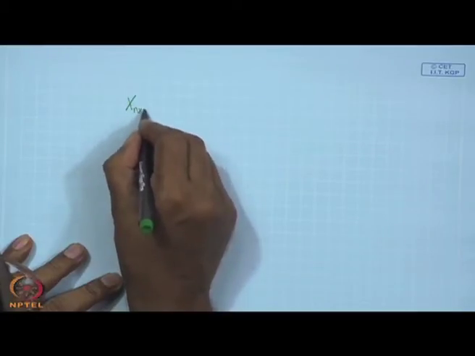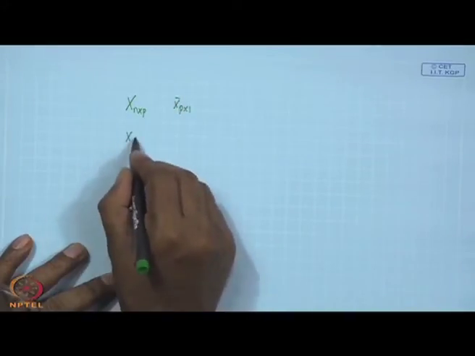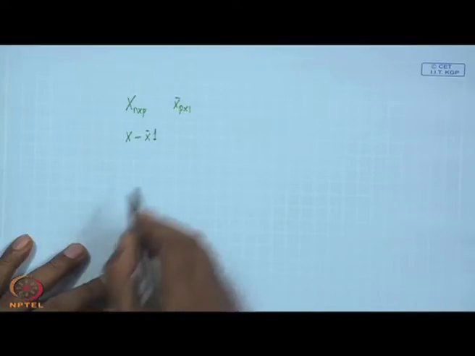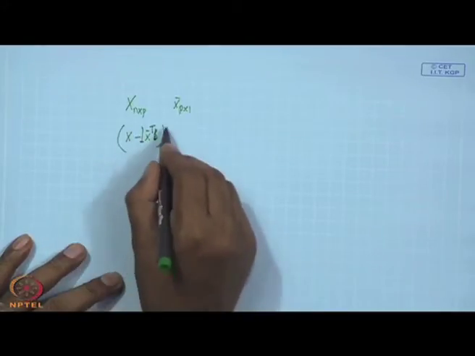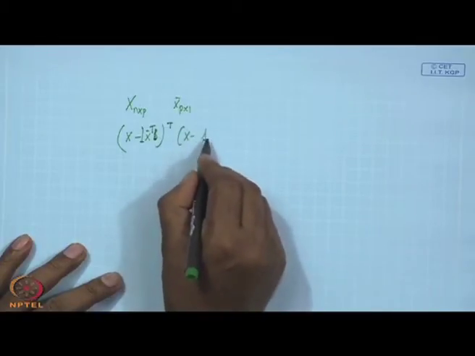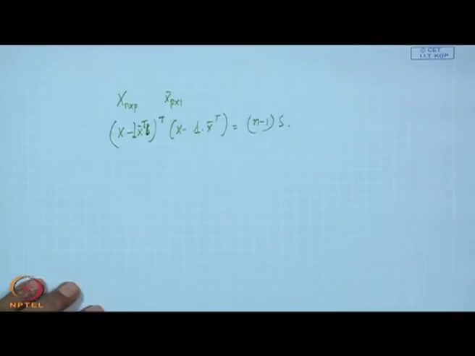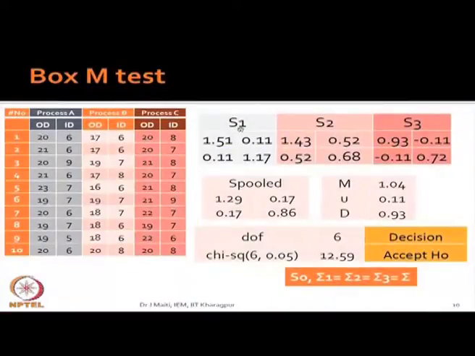If your X is n cross p and your x bar is p cross 1, you have created X minus x bar, you also multiplied by 1, so to make it n cross 1, I think you have done like this: 1, this transpose, then this one transpose, X minus 1 x bar transpose, this will be n minus 1 into S. The same formula we have used here, and we found S1 for this row, these two columns, OD column and ID column for process A. This is S1 you are getting.